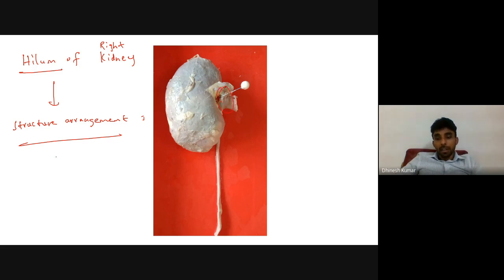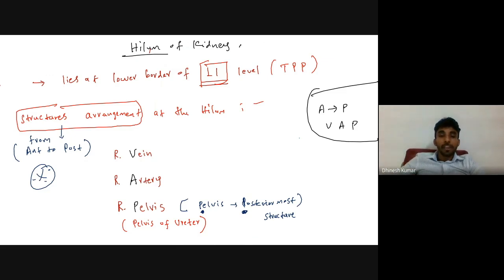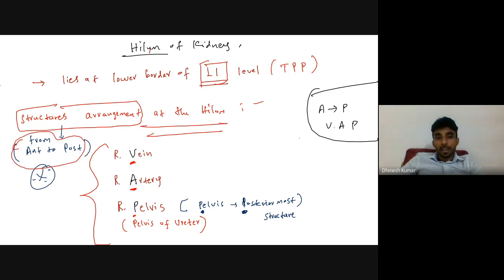Yes, the arrangement from anterior to posterior is VAP: V for renal vein, then renal artery, then renal pelvis. So from anterior to posterior, the arrangement of structures at the hilum is VAP: renal vein, renal artery, renal pelvis, otherwise called the pelvis of ureter.